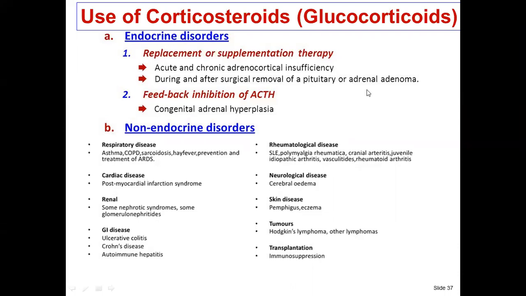Imagine a patient has overt secretion of the adrenal gland because of an adrenal tumor, and the patient develops Cushing syndrome, which is not controlled by conservative therapy, and the doctor decides to remove the adrenal gland. In that scenario, the patient has to take lifelong steroid, right? Also some congenital adrenal hyperplasia.